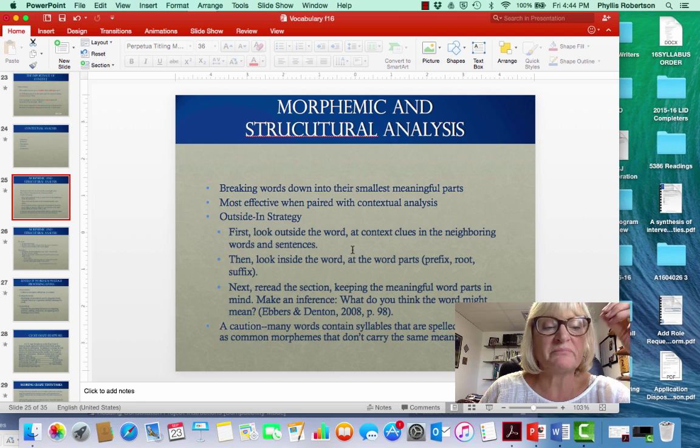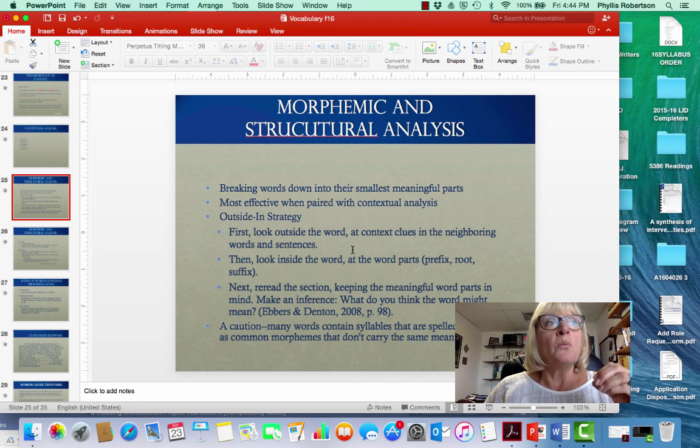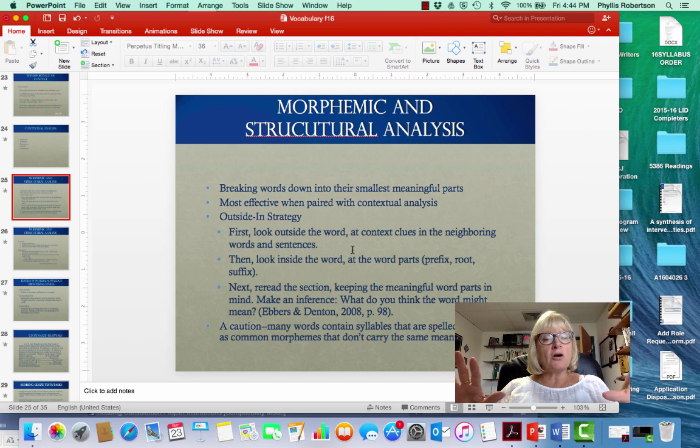I also want you to think about when we talked about morphemic analysis a couple of weeks ago, and we were talking about it in terms of decoding. We recognize that sometimes children, if we can break a large word into its component parts, will be able to decode it just by being able to decode part of the word.